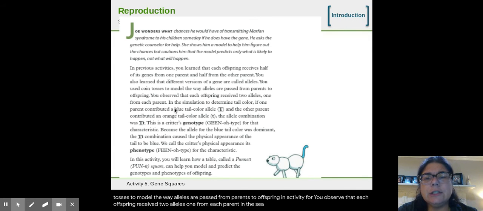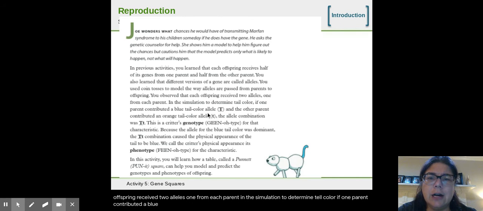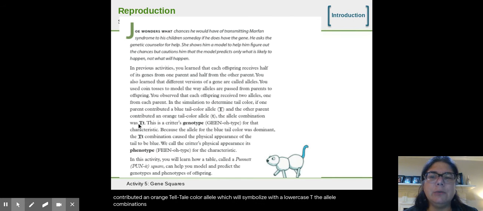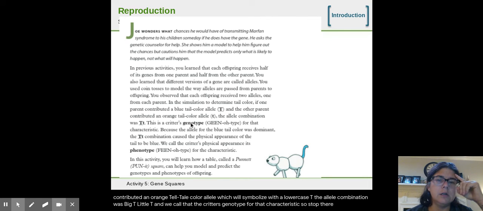In the simulation to determine tail color, if one parent contributed a blue tail color allele, we're going to call that capital T to signify it, and the other parent contributed an orange tail color allele, which will symbolize with a lowercase t. The allele combination was big T, little t, and we call that the critter's genotype for that characteristic. So stop there.